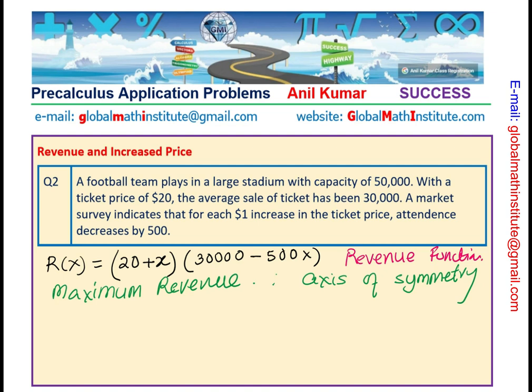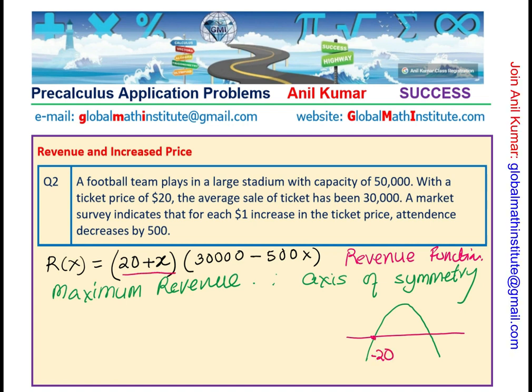The turning point will maximize the revenue, right? So the graph of this function is kind of like this, right? And where are the zeros? Well, one zero is at x equals minus 20. The other one is 30,000 divided by 500. So these are the two zeros. Maximum will occur at the price x, which is right in between the two.